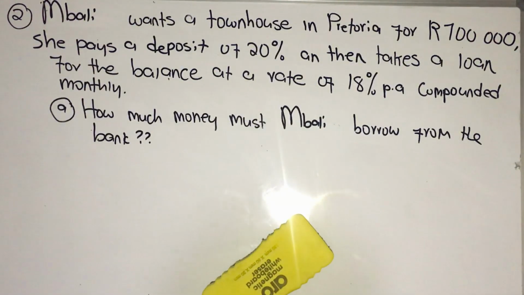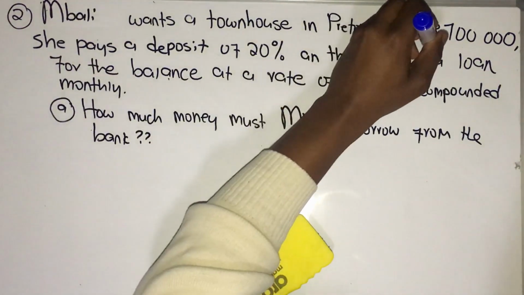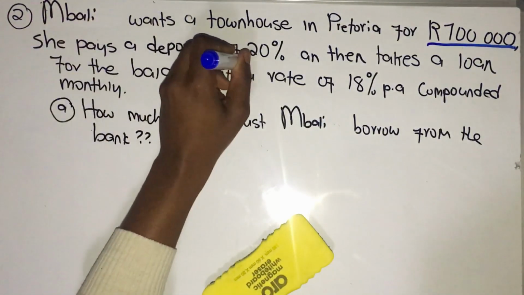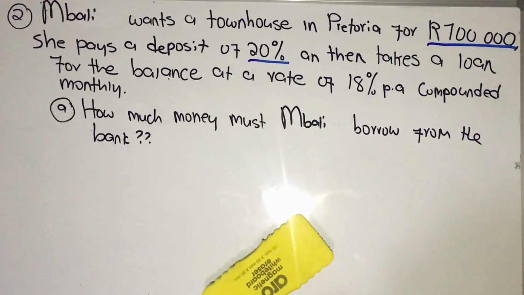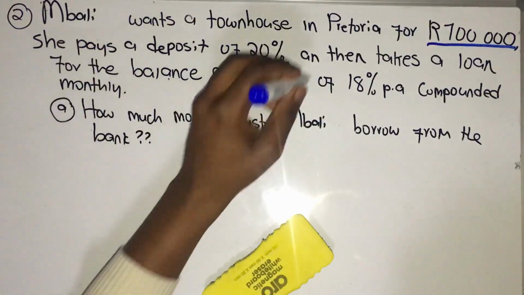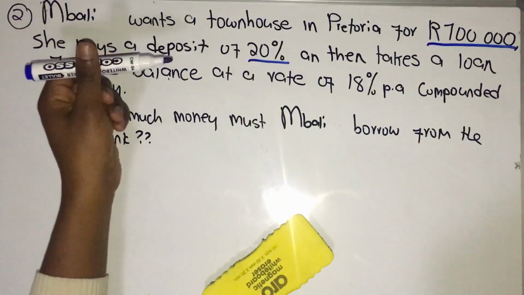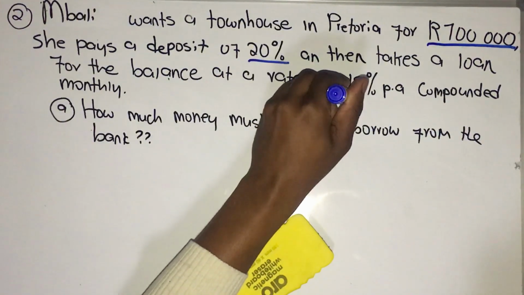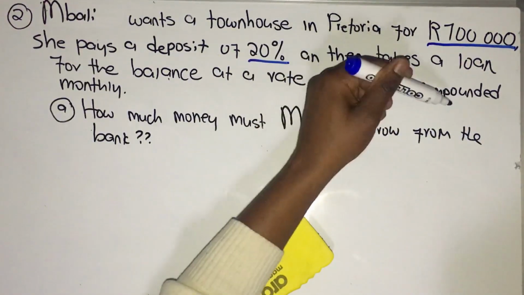Okay, so understanding the question, we are told that she wants to buy a house for 700,000 rands, and then she pays 20% of that as deposit, and then she takes a loan of the balance. Okay, and then the loan comes at 18% per annum, compounded monthly.